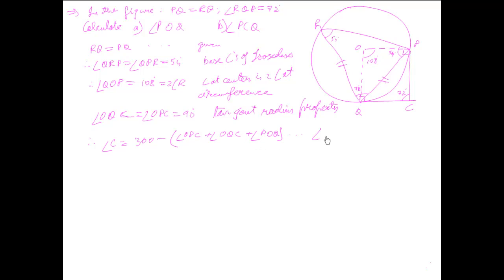That's by angles of a quadrilateral add up to 360 degrees, which gives us 360 minus 90 plus 90 plus 108. The difference comes out to be 72 degrees. So children, the angle we needed to find out was POQ, which is 108, and angle C, which is 72 degrees. Let's see an example of this kind, children.